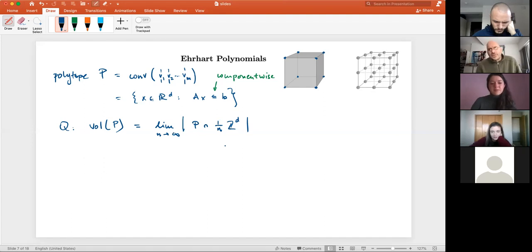This is pictured over here. If I take this grid picture on the right and make my grid smaller and smaller, and keep counting points, I get the volume. I have to normalize too, so I have to divide by n to the d.